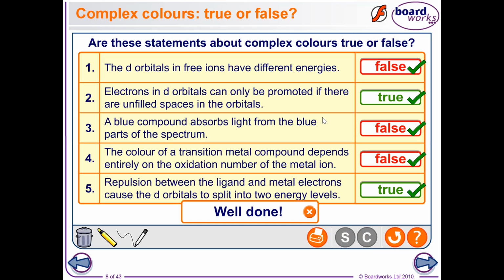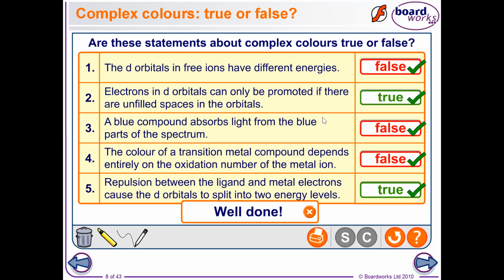And then a blue compound reflects light from the blue parts of the spectrum. That is the one that we can see. So it's not absorbed in the compound, but it's being reflected. Now, the color of transition metal compounds depends not only on the oxidation number, but also on several factors like the size and shape of the ligand.